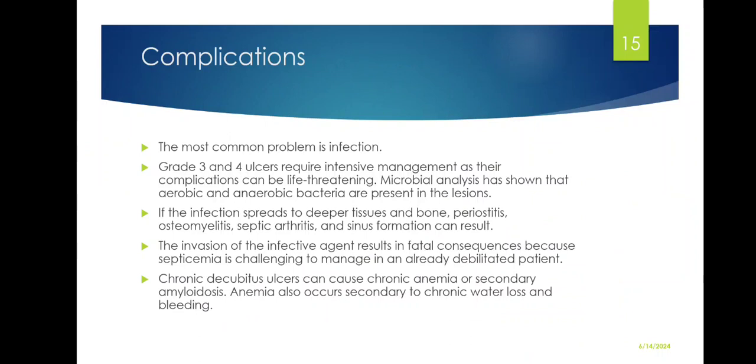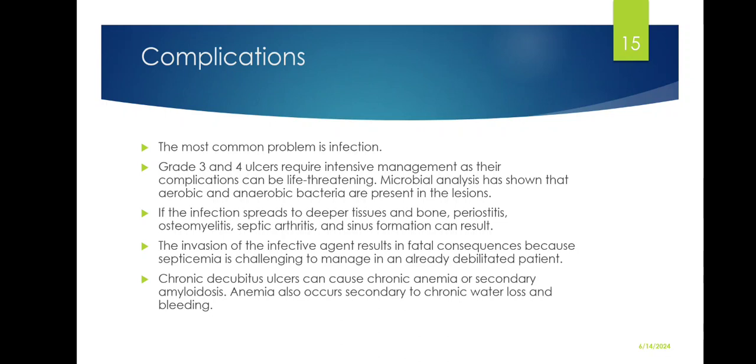Complications. The most common complication is infection. Grade 3 and 4 ulcers require intensive management as their complications can be life-threatening. Microbial analysis has shown that aerobic and anaerobic bacteria are present in the lesions. If the infection spreads to deeper tissues and bone, periostitis, osteomyelitis, septic arthritis, and sinus formation can result.